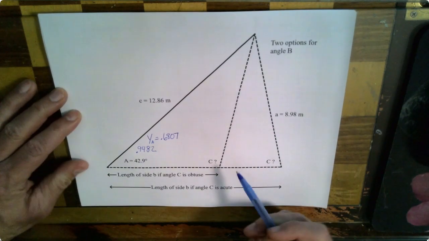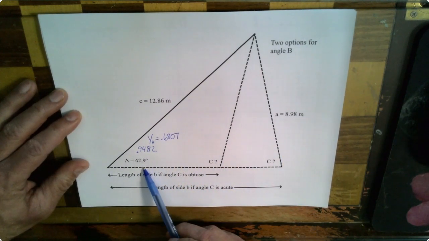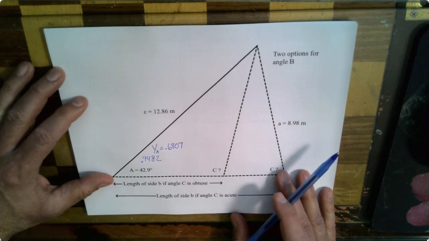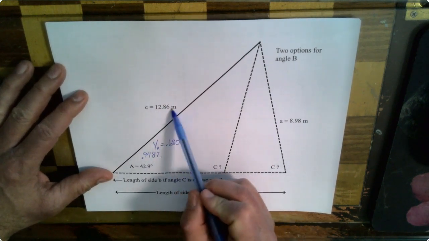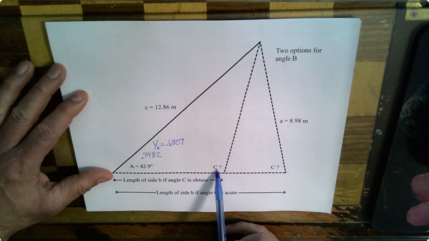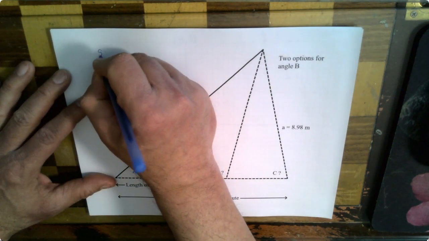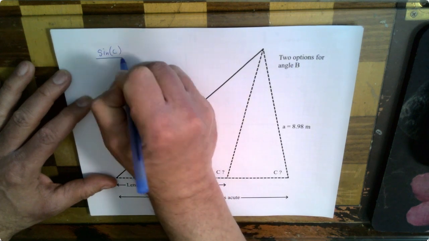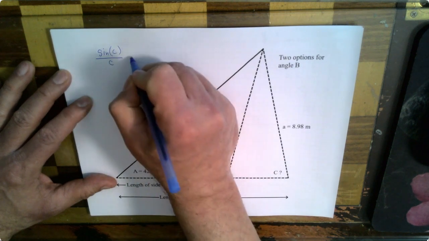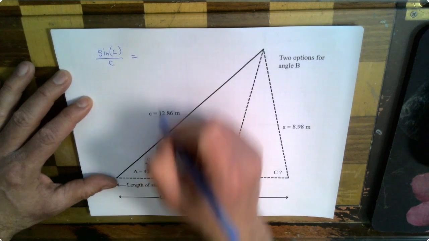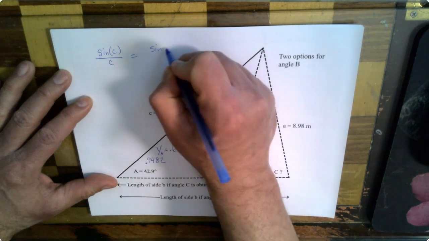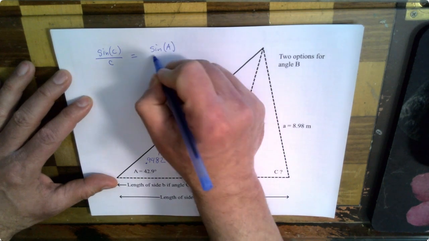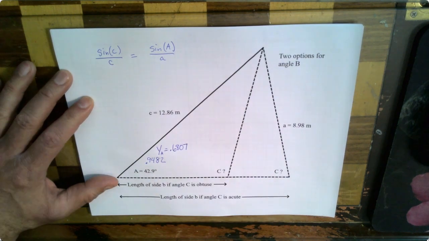Traditionally, using the law of sines, the way you would set this up is you would say that side C is proportional to the sine of C. So you'd set it up like this. Sine of angle C over side C is proportional to sine of angle A over side A.